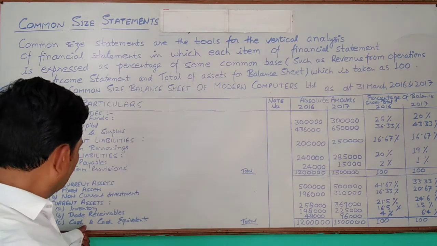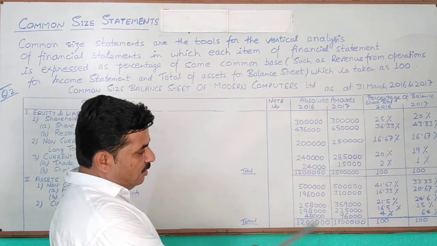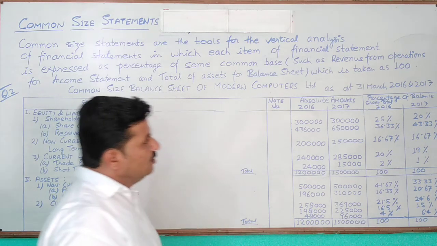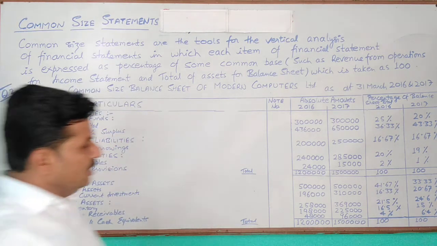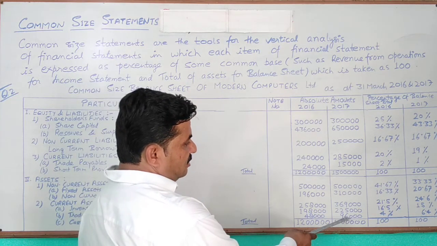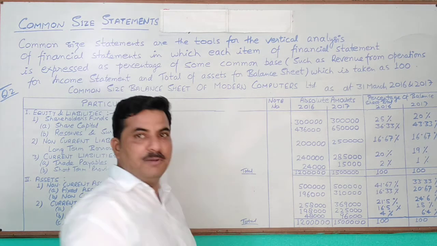And in the last, cash and cash equivalents, 48,000 divided by 12 lakh into 100 becomes 4%. Whereas in 2017, we get the percentage of cash and cash equivalents by dividing 96,000 by 15 lakh and multiplying it by 100.